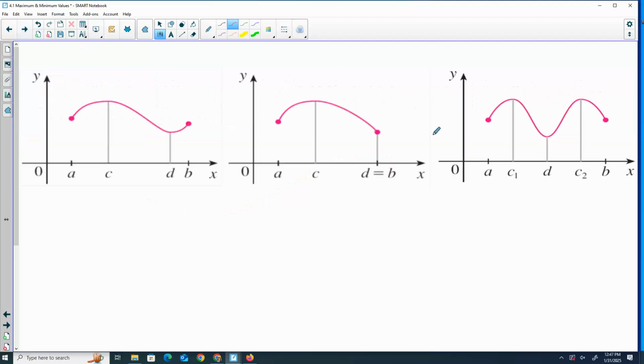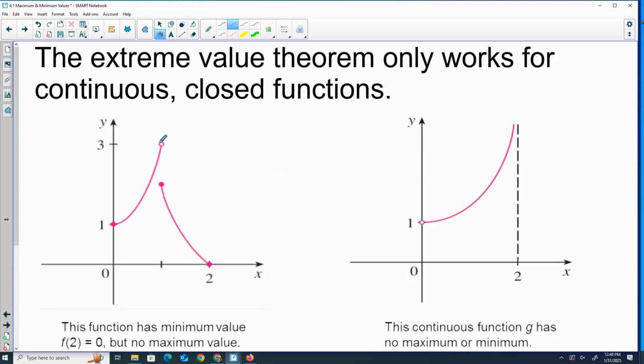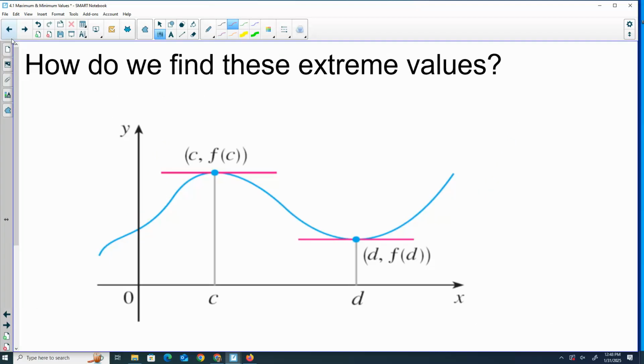It only works if it's continuous. These are a few examples of how that might work. If it's not continuous, though, would I have to have both? No, because this one does not have an absolute max because there's an open circle there, or asymptotes. So this idea only works for continuous functions. If I want to find them, we're going to stick with the nice functions today, the continuous ones. If I wanted to find these, what would I be doing? And setting it equal to?